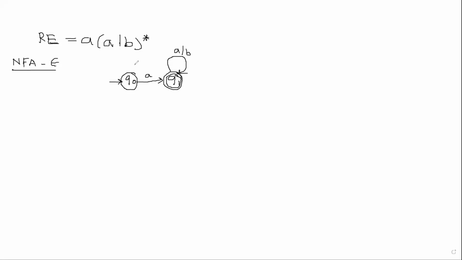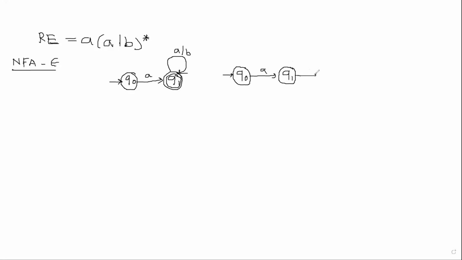In this example, it is true that it is a kind of DFA, but I may introduce the null transitions anywhere, so that diagram will be a different one. For this diagram, I may have initial state Q0. Then from Q0 with A input, I will reach Q1.